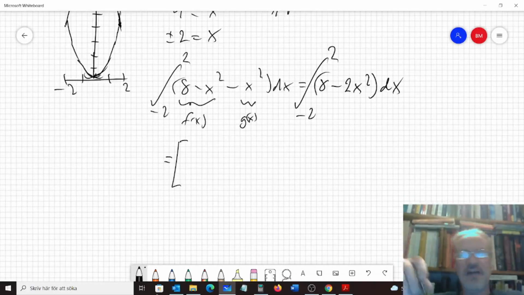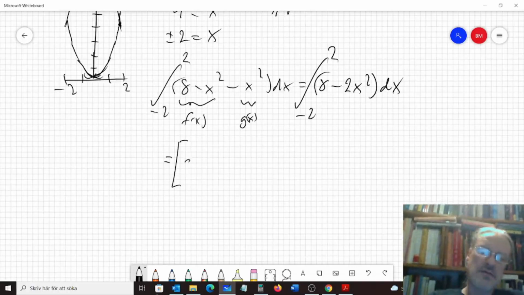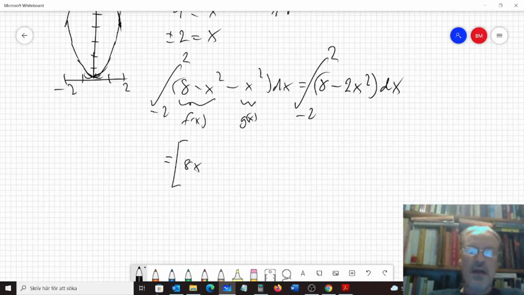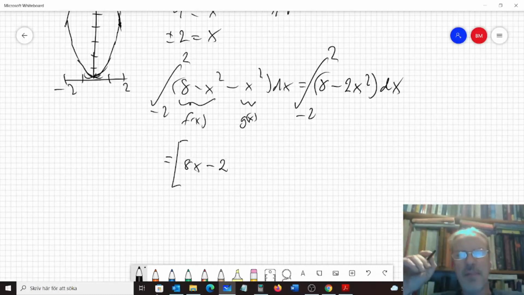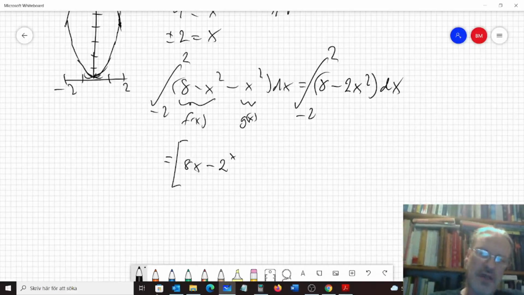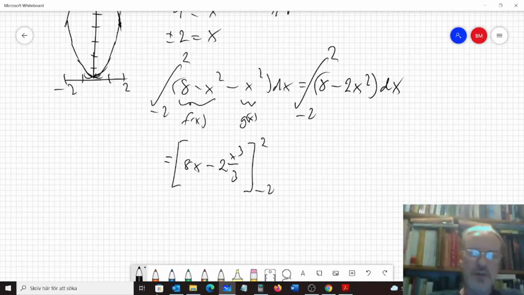We need to find the antiderivative of 8. It's 8x, right? We keep the -2. Remember this, we keep a constant we multiply by. And x squared will give us x to the power 3 over 3, from -2 to 2.